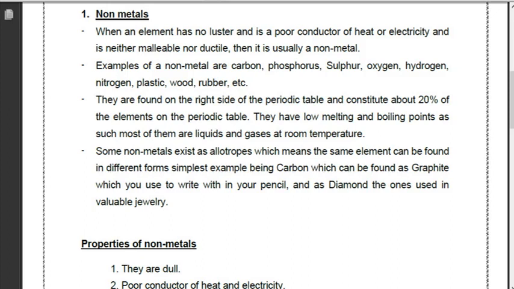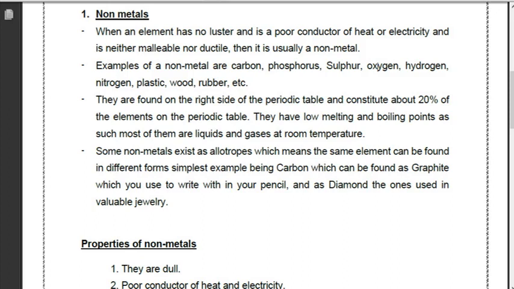Okay, so we also have here several examples of nonmetals. If you look at your periodic table, you can try and identify where these elements are found. Another thing to note is that nonmetals, as compared to metals, are much fewer on the periodic table.